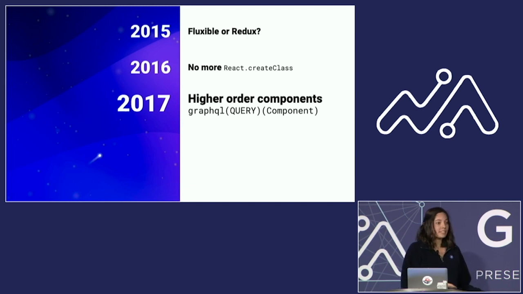And this was an iteration on the pattern of using React mixins for data fetching, which we had been using prior to this. But it turned out that using static composition like this to wrap your components in functions to fetch data didn't always really give us the flexibility that we wanted in our components to be able to make dynamic rendering decisions based on the state of that data.